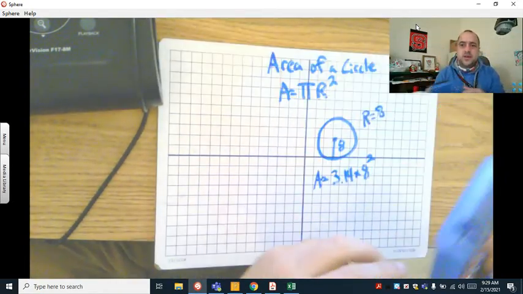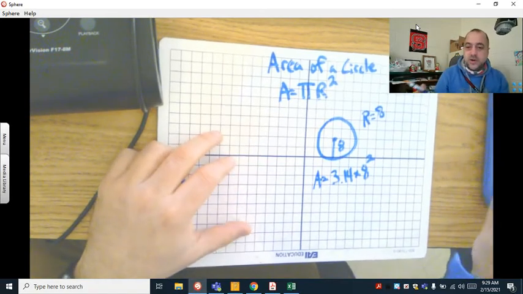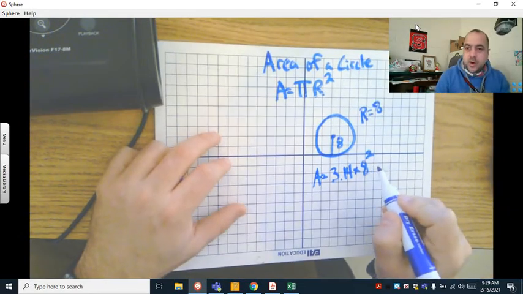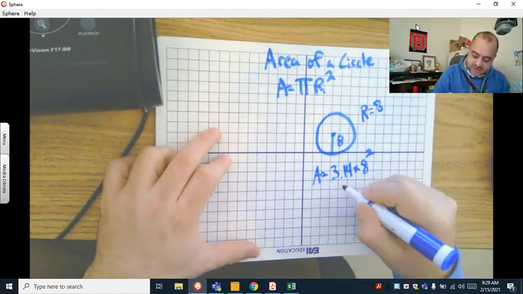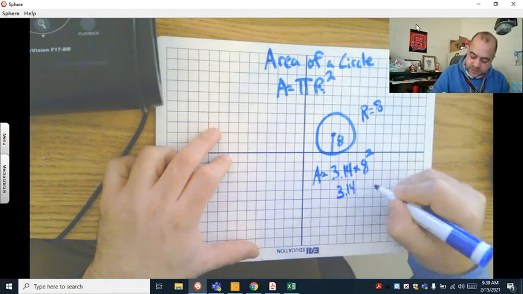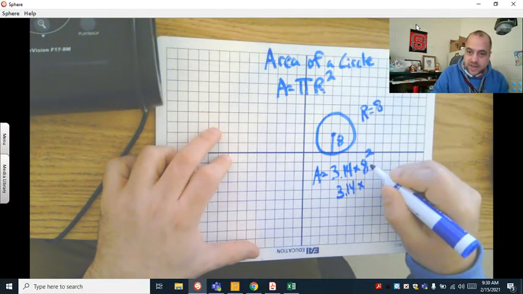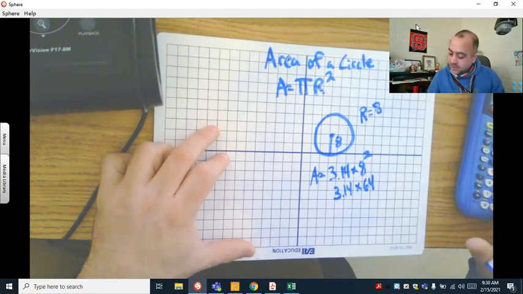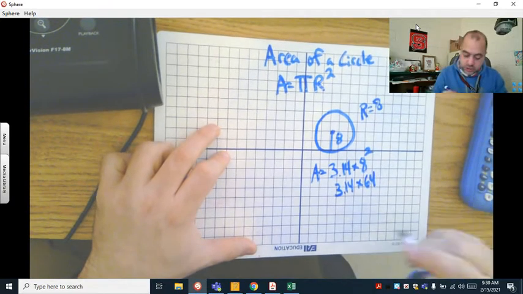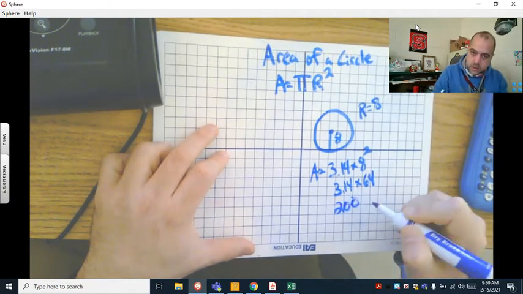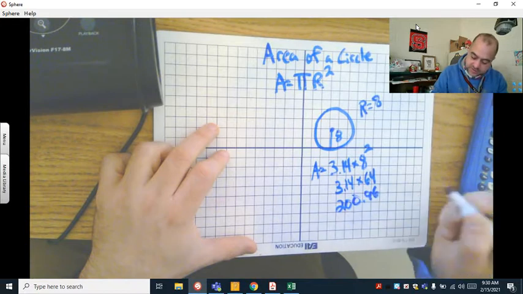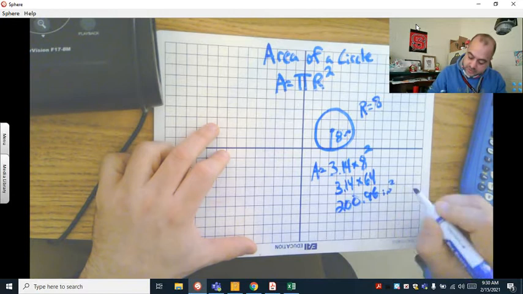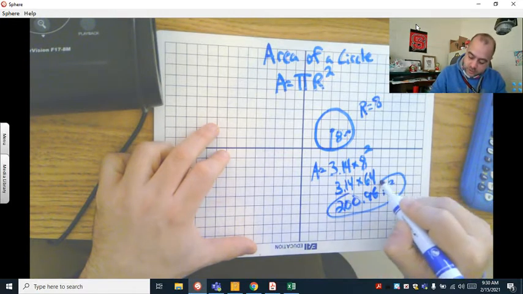You can use that to do the exponents, or if you're using an easier calculator, you know that 8 squared means 8 times 8, right? So this is like saying 3.14 times, what's 8 times 8? 64. And 3.14 times 64 is 200.96. And let's say this is inches. It will be square inches. That's the answer.